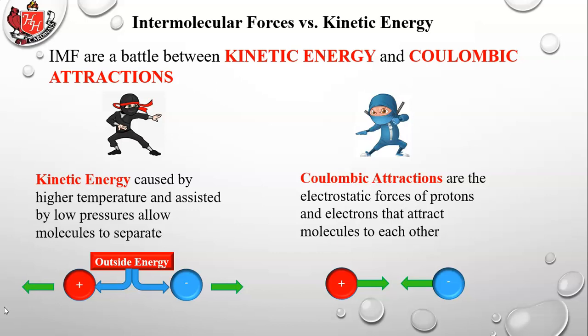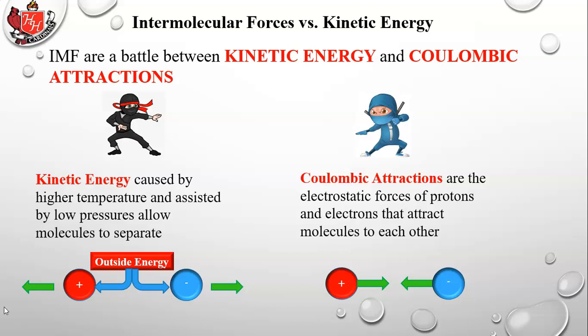If you have very low kinetic energy, then the Coulombic attractions will dominate, and the molecules, say water molecules for example, will stick together. If you put in some kinetic energy, maybe just at room temperature, the Coulombic attractions stay the same. They don't change, but now you've put more energy into the water molecules, so they start to wiggle more. They start to shake apart, and they move around each other. If finally you put the water over a stove, again, the Coulombic attractions between the water molecules are the same.